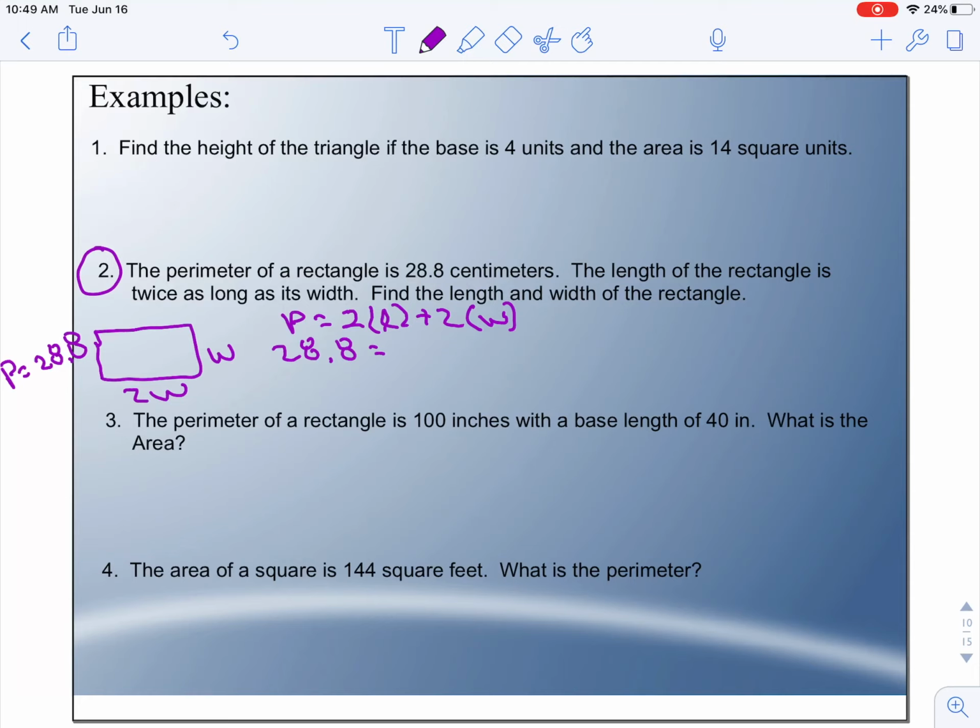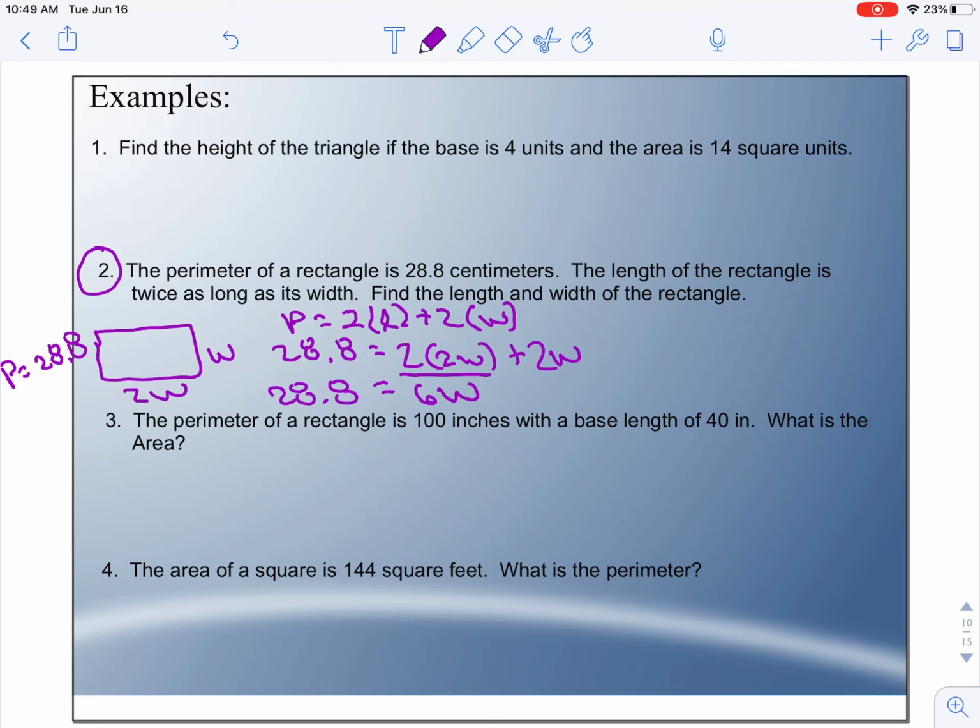So now we're going to put in the value that we have for the perimeter, and 2 times the length, which is 2W, plus 2 times the width, which is W, and that is going to give us 2 times 2 is 4W, plus 2W more gives us 6W is equal to 28.8.